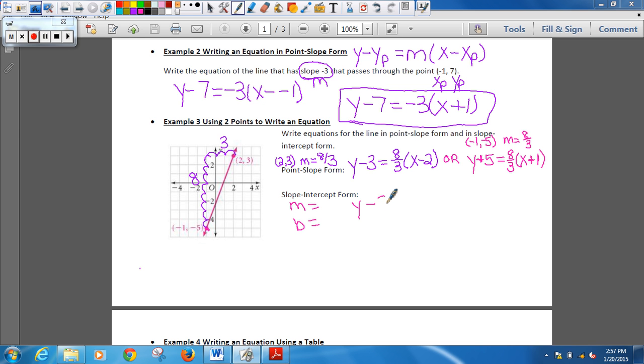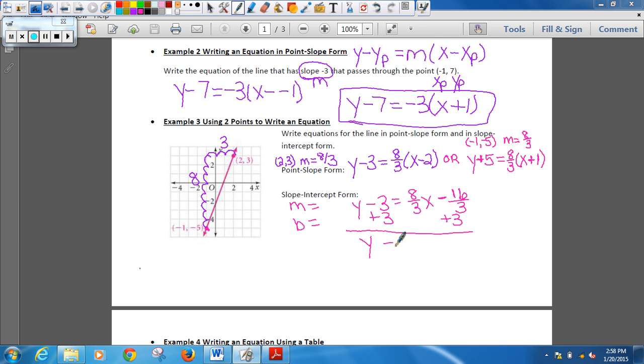y minus 3 is equal to 8/3, multiplying to distribute, x minus 16/3. There we go. To get it in slope-intercept form, I have to get y by itself. The opposite of minus 3 is to add 3.